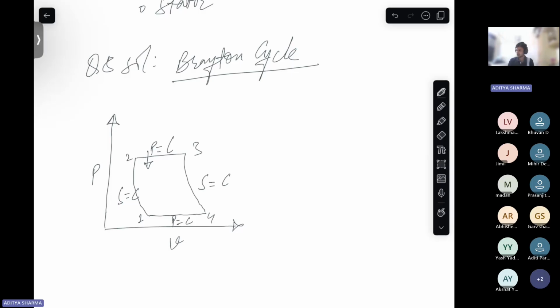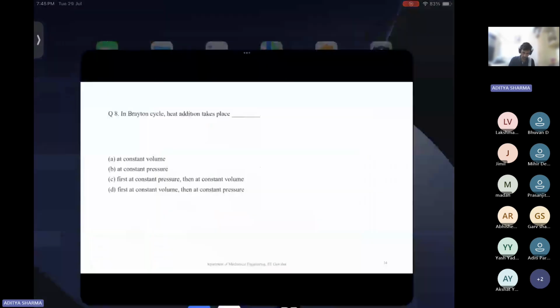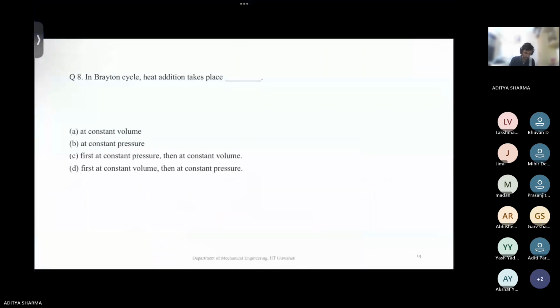So this basically is your Brayton cycle. This much is fine. There is a TS diagram also, but let's not draw that. So in Brayton cycle, heat addition takes place at constant pressure. Of the 4 options, B option is the correct option.